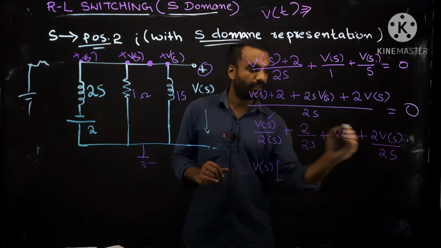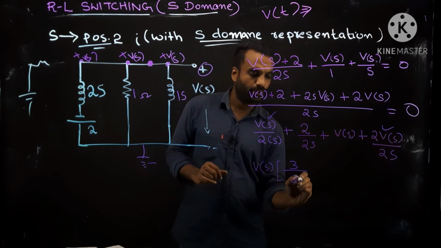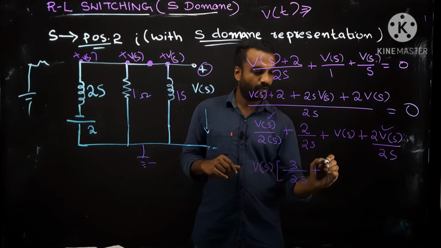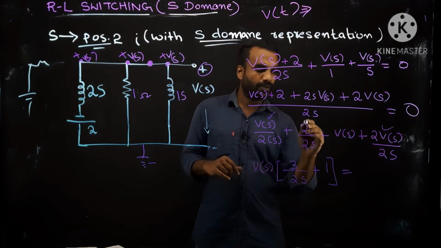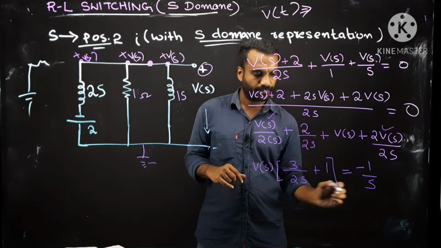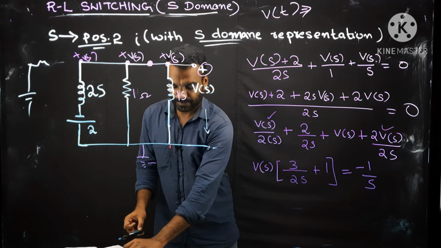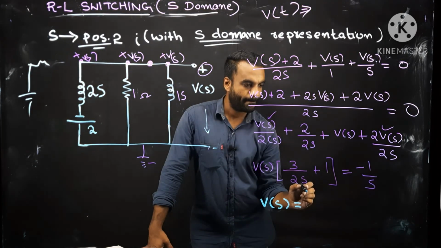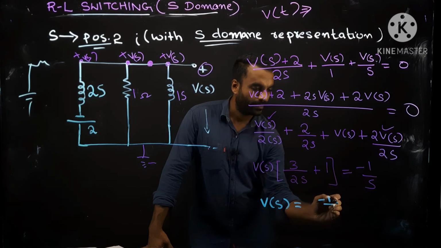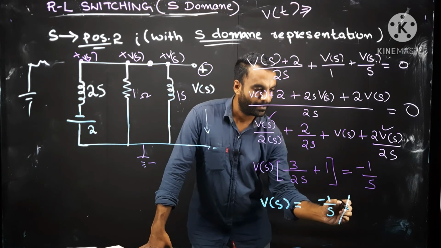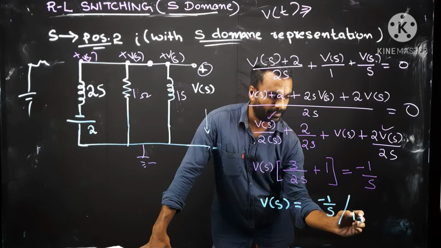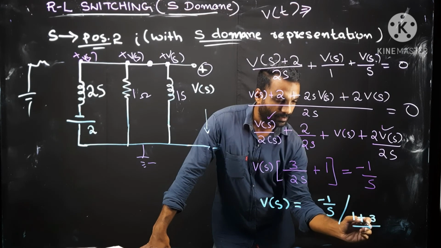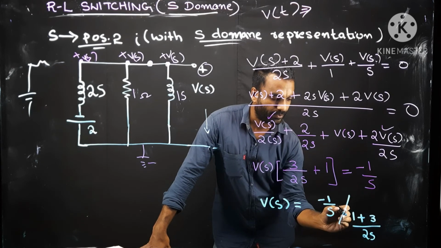So it is this one and this one, 3 by 2S, plus 1, that is equal to this term, minus 1 by S. So V of S is equal to minus 1 by S divided by 1 plus 3 by 2S. So here also 2S.